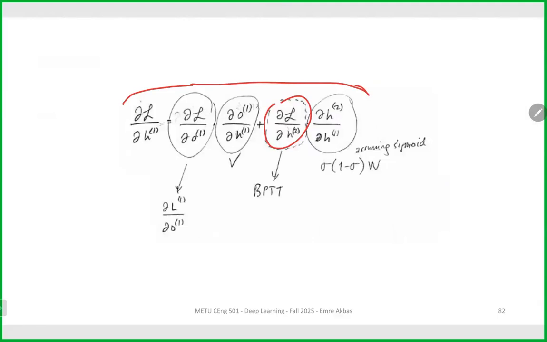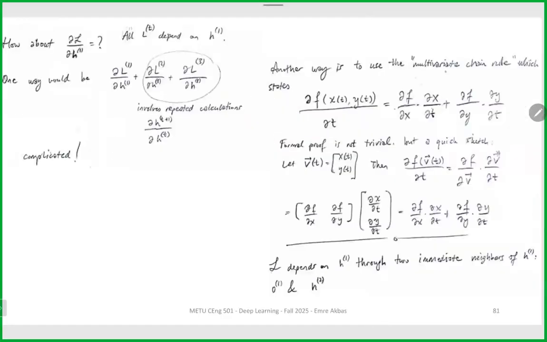Fortunately, these are all implemented in the libraries, so you don't have to do it yourself. But we should know how this is derived. I don't like skipping it like this, but it will take too much time to do here.